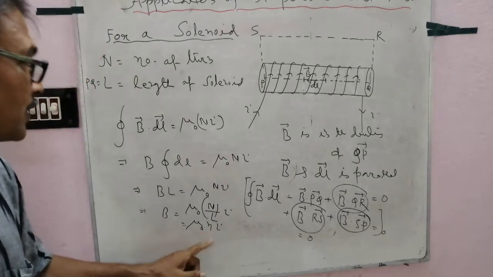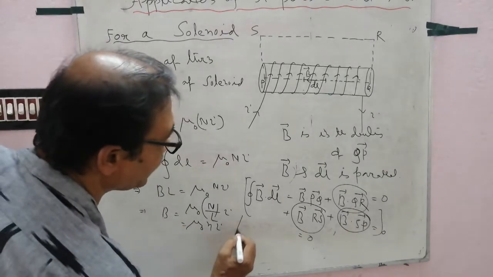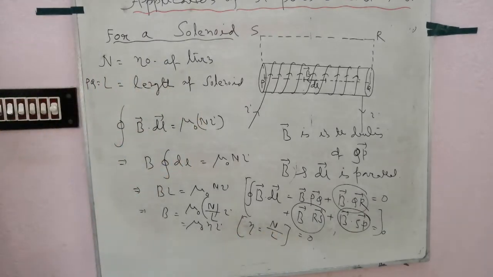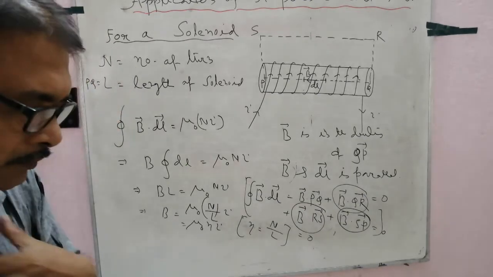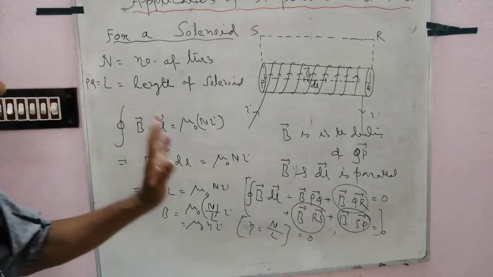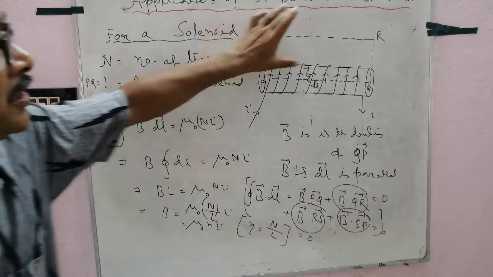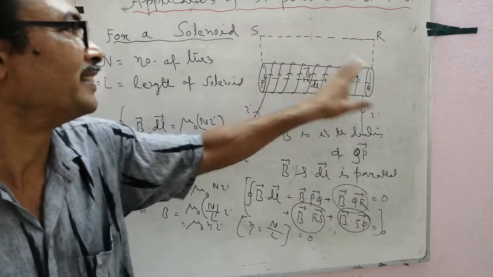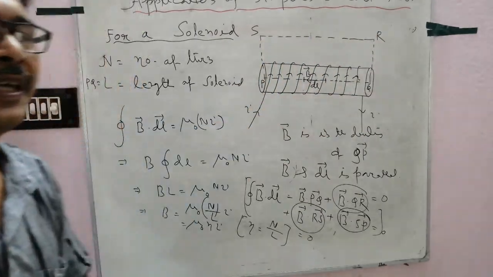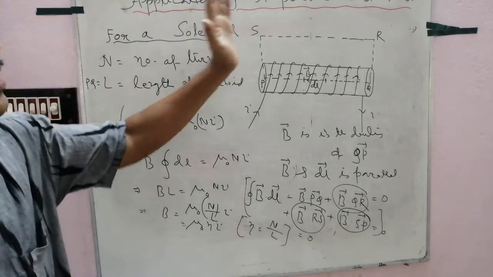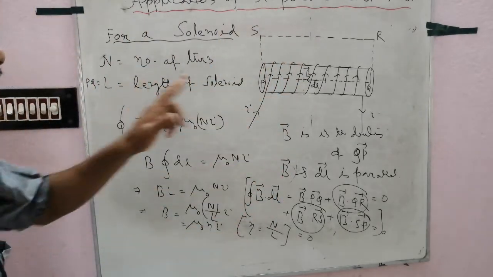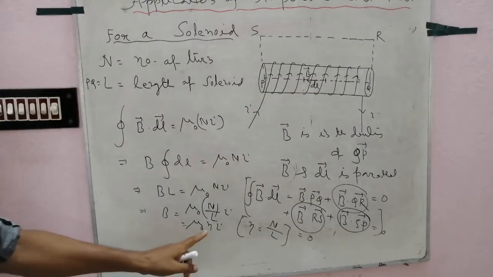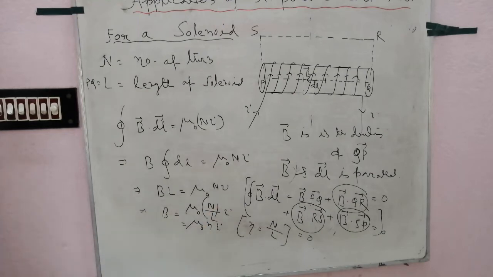Capital N be the number of turns, small n be the number of turns per unit length, n equals capital N by L. Okay, follow. This is the closed loop, but on this portion and this portion B is perpendicular to this direction. But here the field is very, very weak. This is the magnetic field at the center on the axis of the solenoid, mu 0 n I. Clear? Small n is the number of turns per unit length, capital N the total number of turns.